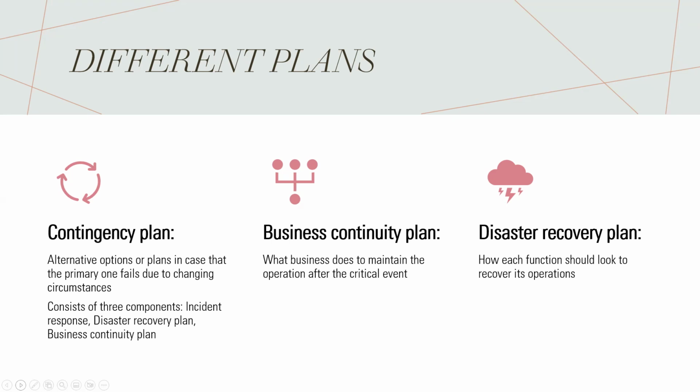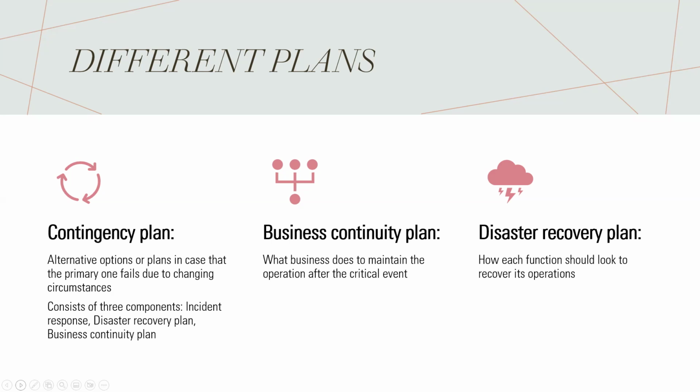And the contingency plan, if it is done rigorously, should include the disaster recovery plan and business continuity plan. Disaster recovery means what we do after we are struck by a disaster like a fire or some natural disaster, and how each function should recover its own operation.